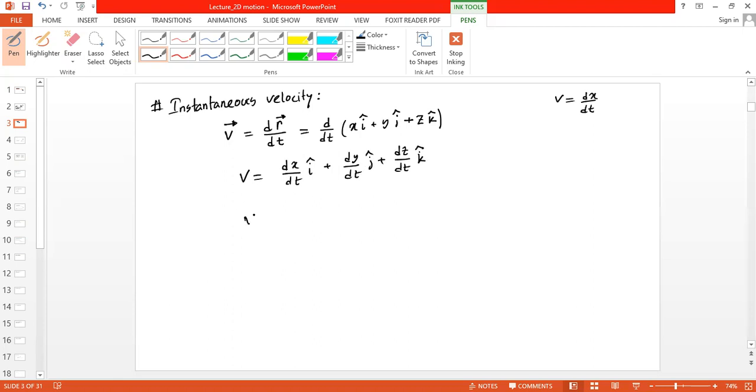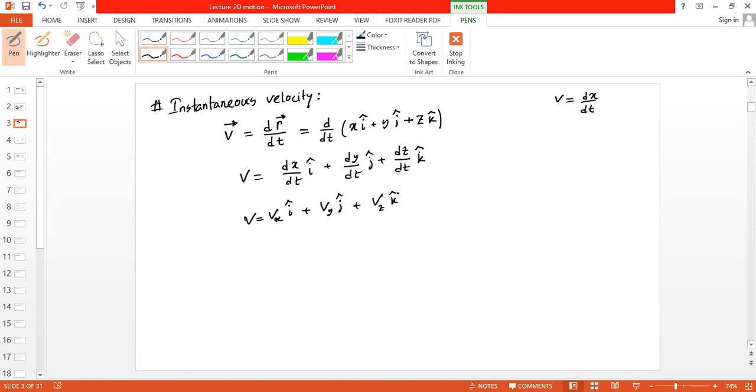Here dx over dt is the instantaneous velocity along x direction, or the x component of instantaneous velocity, v_x i, plus dy by dt j, the y component of velocity times j, plus dz by dt equal to v_z k.